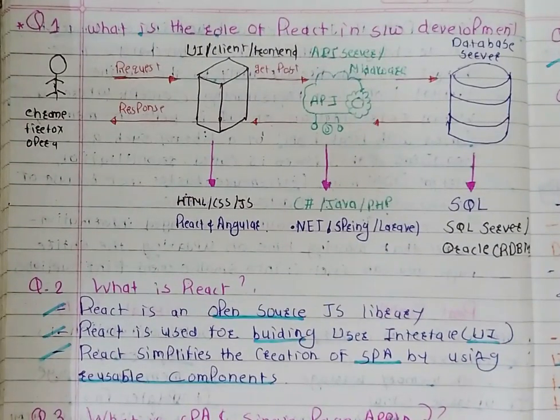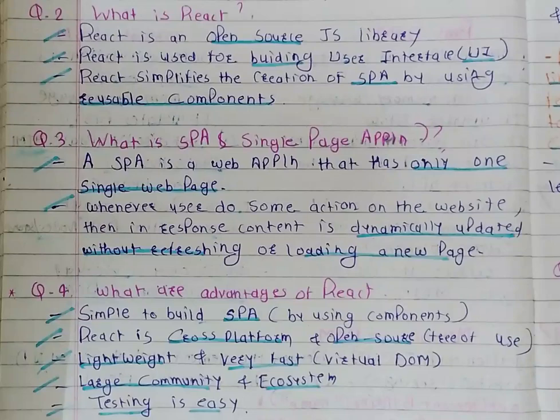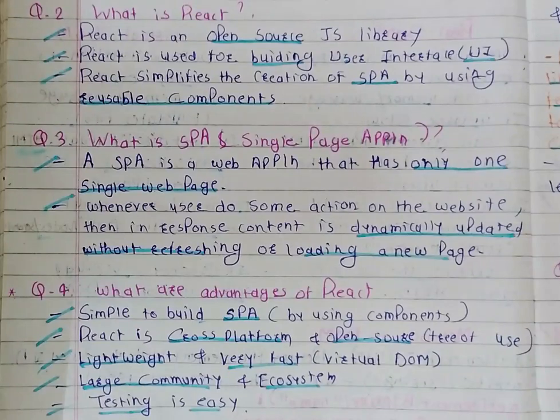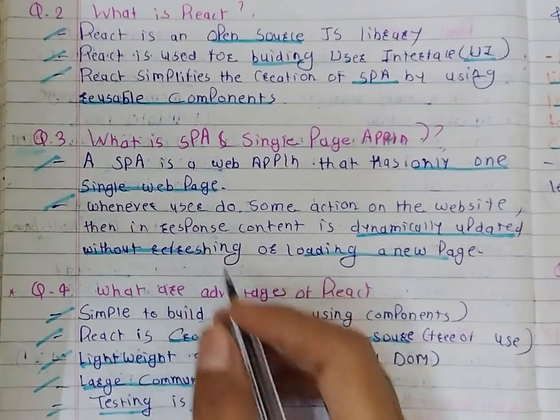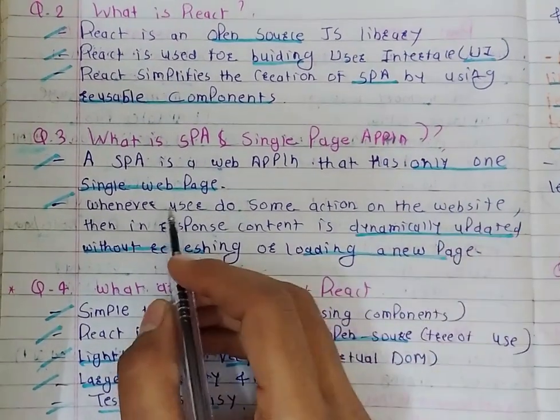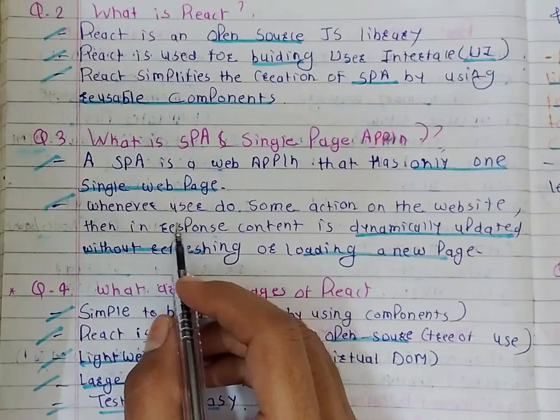With the help of React, we can make reusable components which simplify single page applications. And what is a single page application? A single page application is a web application that has only one single page, not multiple pages.